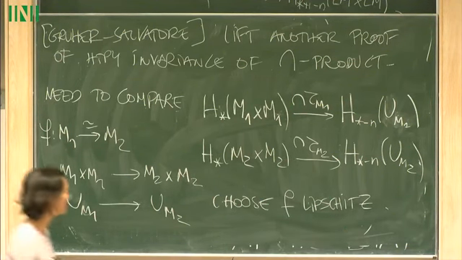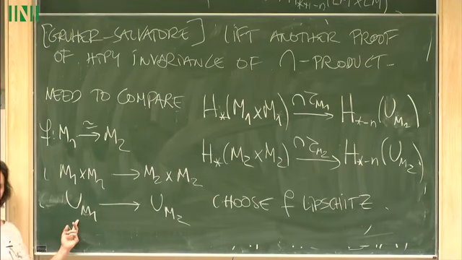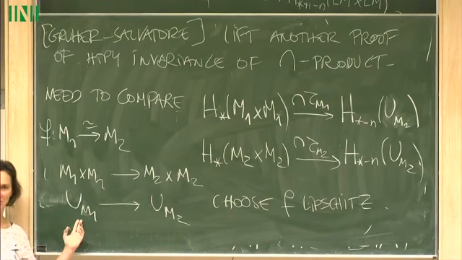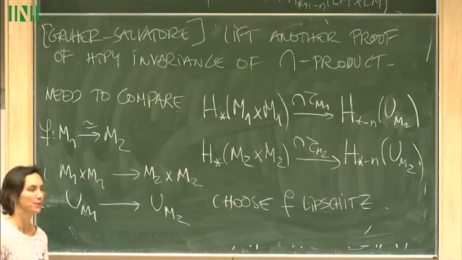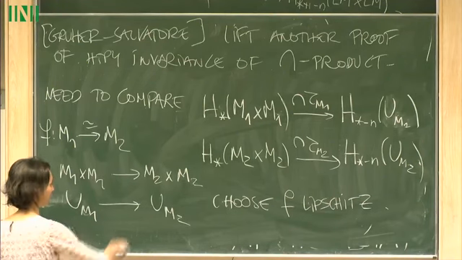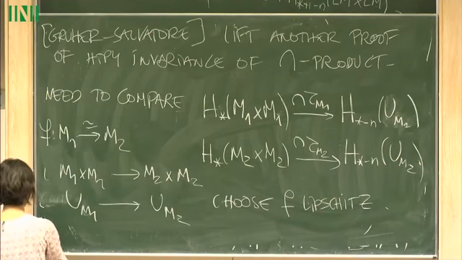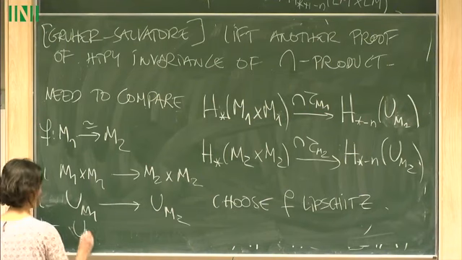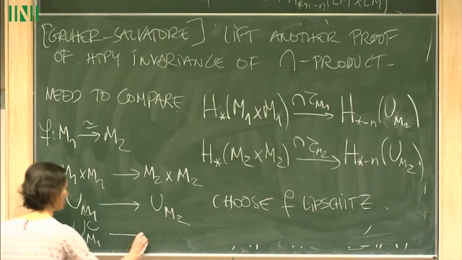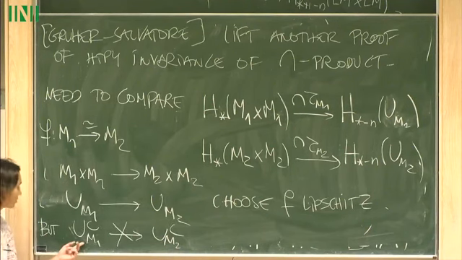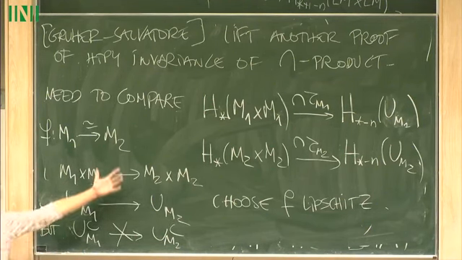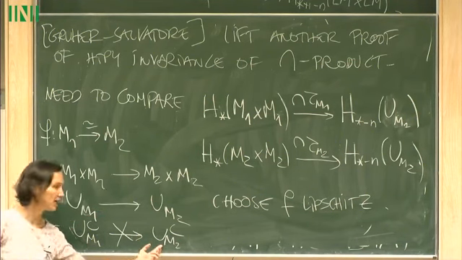Anyway, you can choose it so that things that are not far away from each other, that is, within one of these neighborhoods, go to things that are not far away from each other, by also playing with the epsilons, but not the complement of these neighborhoods. This is never going to be possible, because things that are far away from the diagonal may simply hit the diagonal.